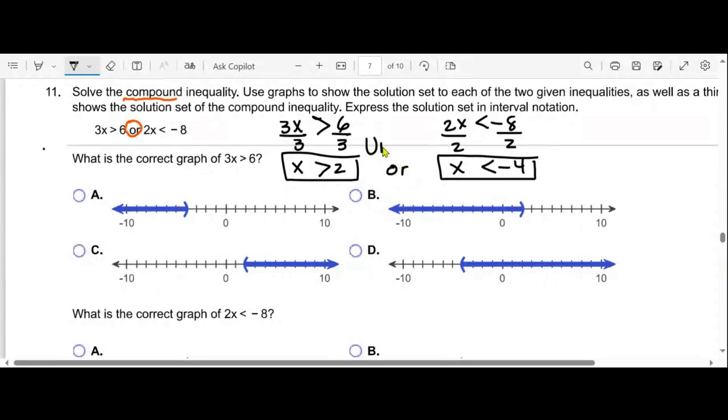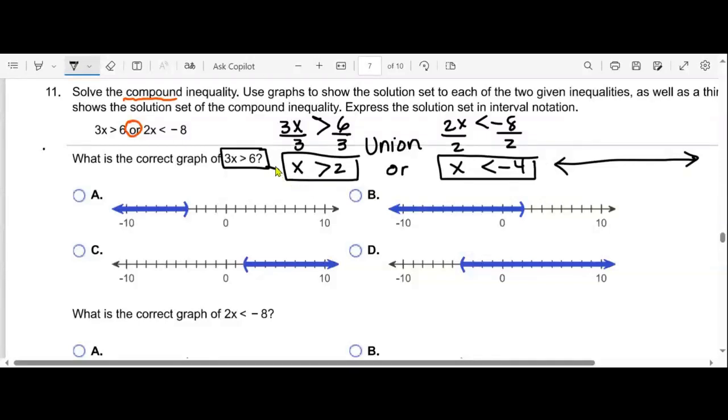Or means what? Union. So which graph is the correct graph? x less than -4 or greater than 2. If you want to graph this, okay, first let's do the first one here. 3x greater than 6.